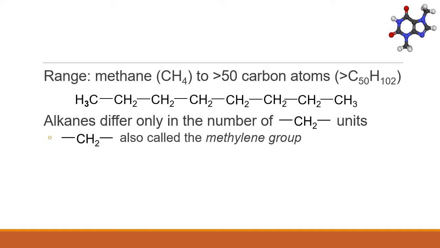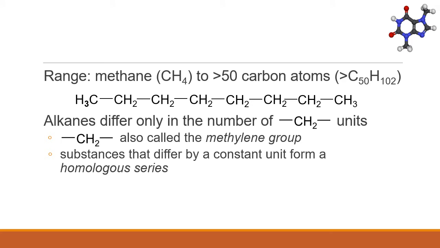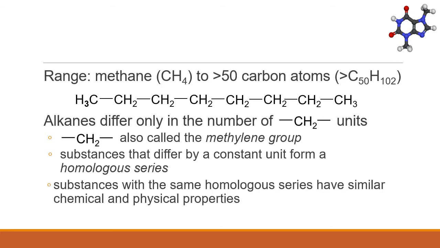These CH2 units are also called the methylene group. Substances that differ by a constant unit are said to form a homologous series. So, alkanes are homologous series of CH2 or methylene groups. Substances with the same homologous series have similar chemical and physical properties.